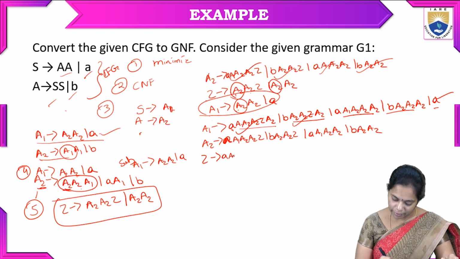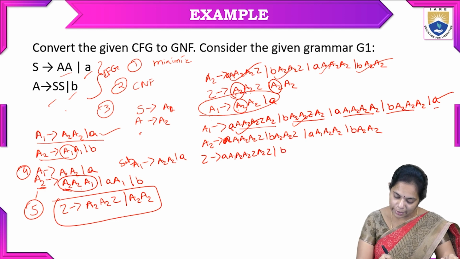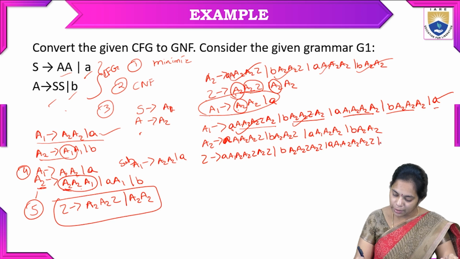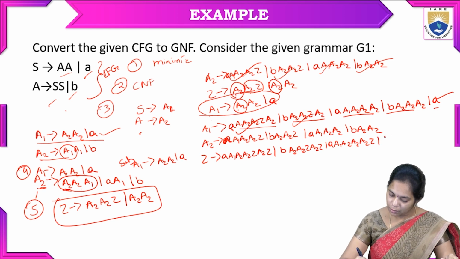So here A1, A2, A2Z, A2Z. And here also we have to add this A2Z to all the production rules: A2Z and A, A1, A2, A2, A2Z and B, A2, A2, A2Z.